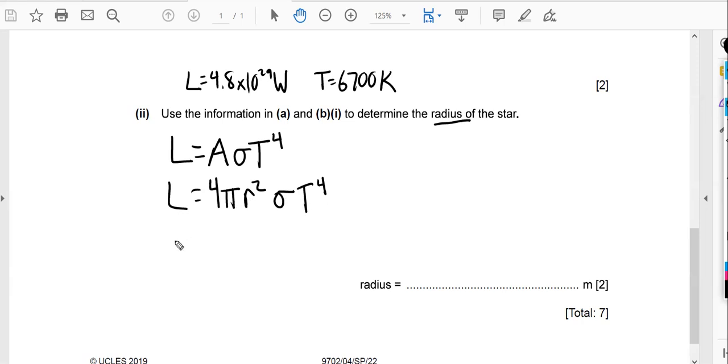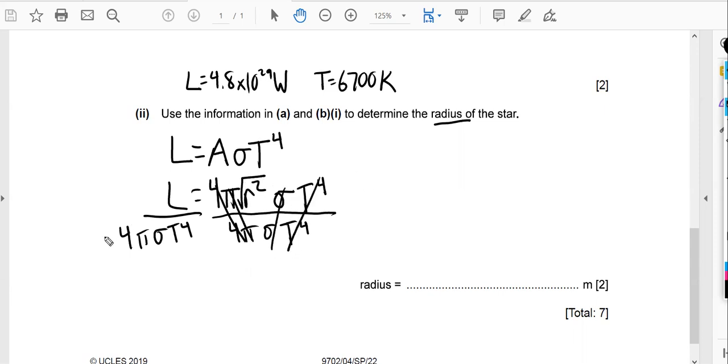Let's make R the subject here. So we want to divide by all this stuff, 4 pi sigma T to the fourth. Do it over here, 4 pi sigma T to the fourth. Cancel those, cancel those, cancel those, cancel these.